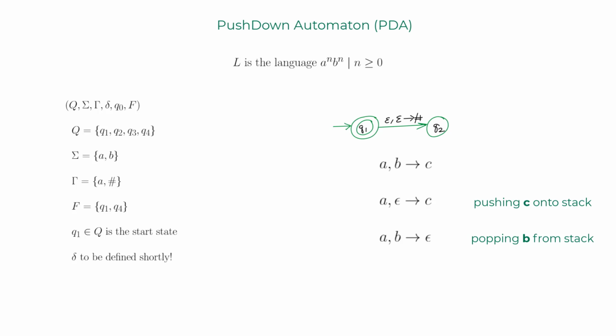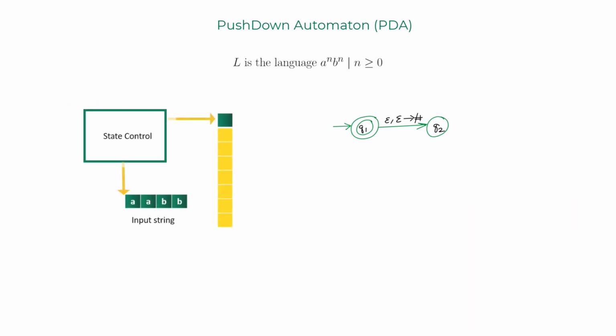Alright, so we write epsilon, epsilon, right arrow, hash, meaning if the input character is epsilon and the stack is empty, we push hash onto the stack. This is the thing that we do right at the beginning when the PDA is powered on, and transition to Q2.